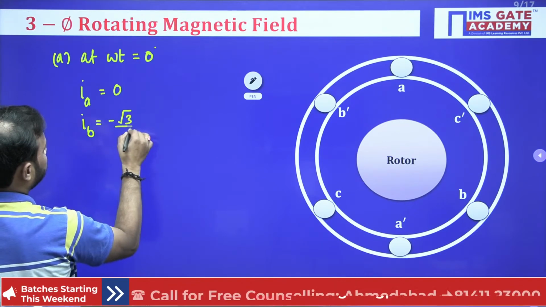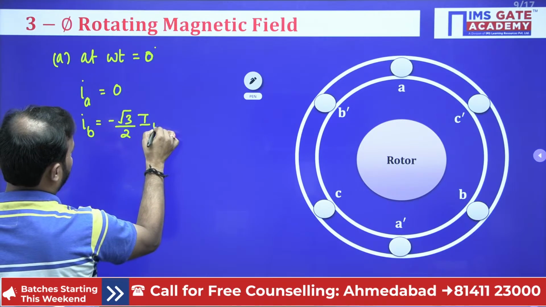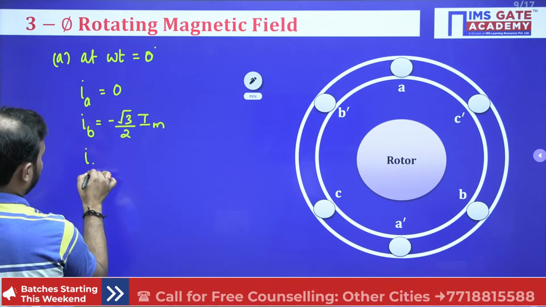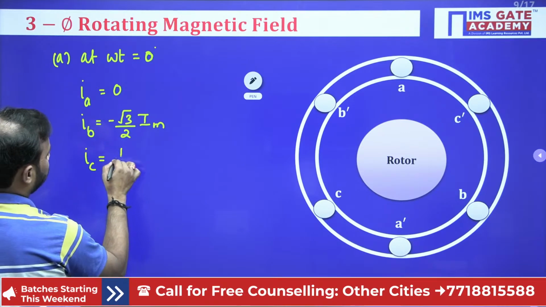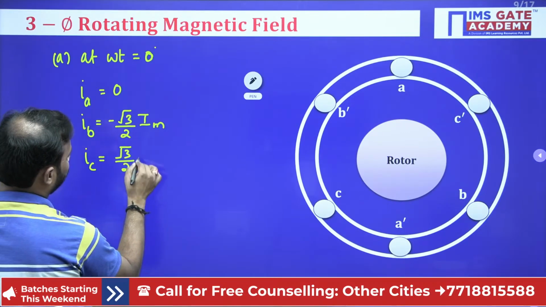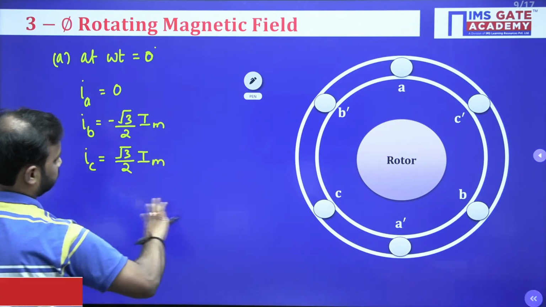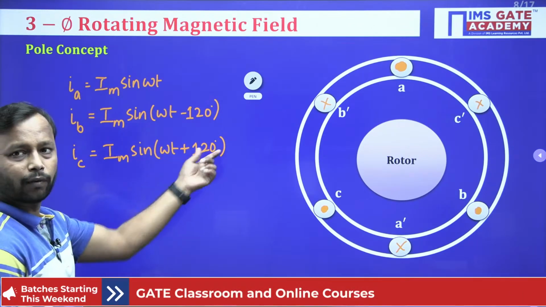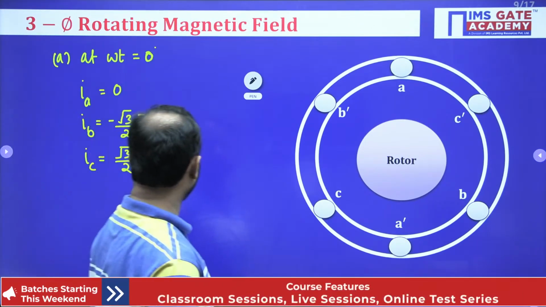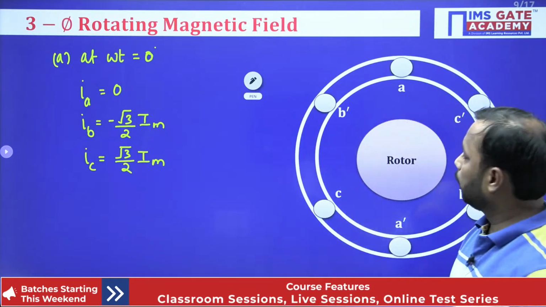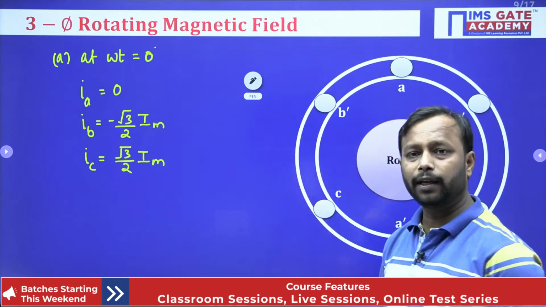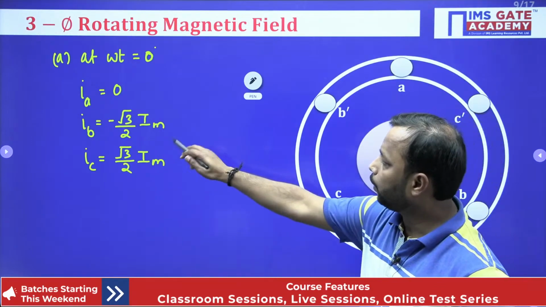Please confirm. And IC will be root 3 by 2 Im, since sin 120 is root 3 by 2. Now, I am very sure that Ia will be 0 and IB is negative.